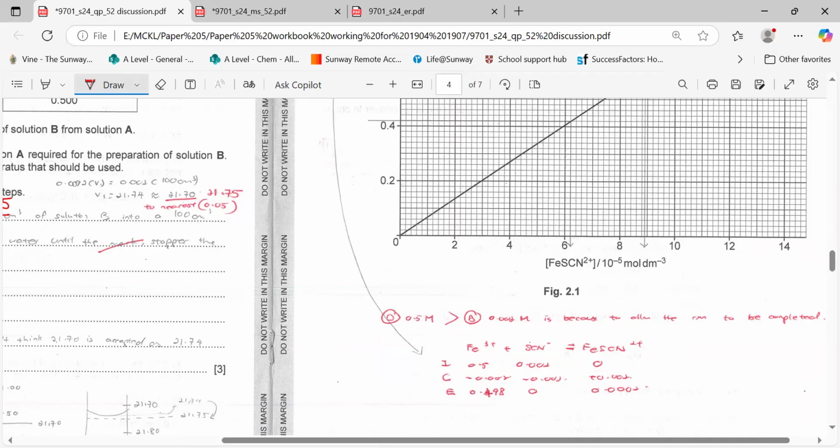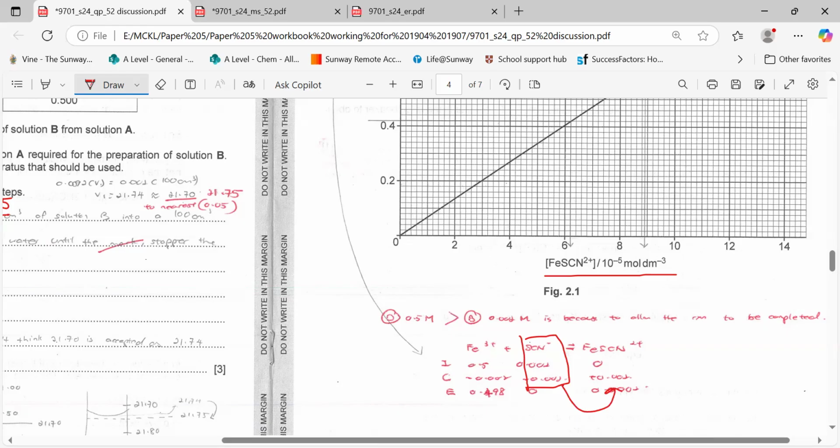But we have to make sure that the other is in excess, understand? So that the limiting factor will be the controller of the concentration. Because we want to find the concentration of iron thiocyanate, we need to use the concentration of the thiocyanate to determine the concentration of the product, which is the iron thiocyanate.